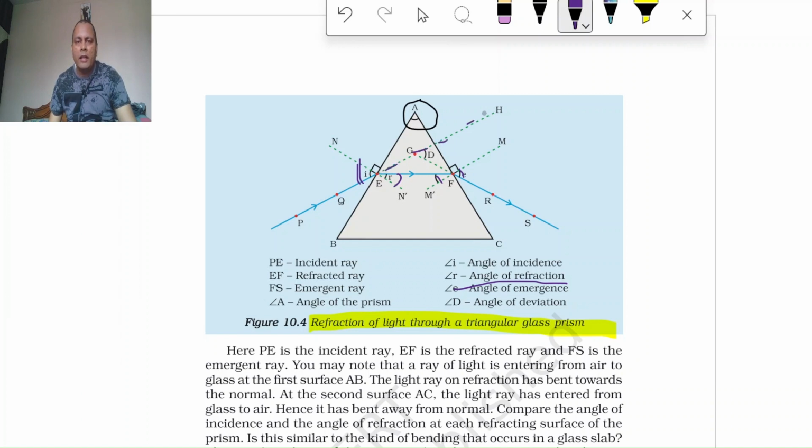The original ray was coming in this direction and the final ray is diverted in this direction. The angle between the original ray and the final ray is the angle D, that is the angle of deviation. You should understand these parameters when you work on the phenomena of light.